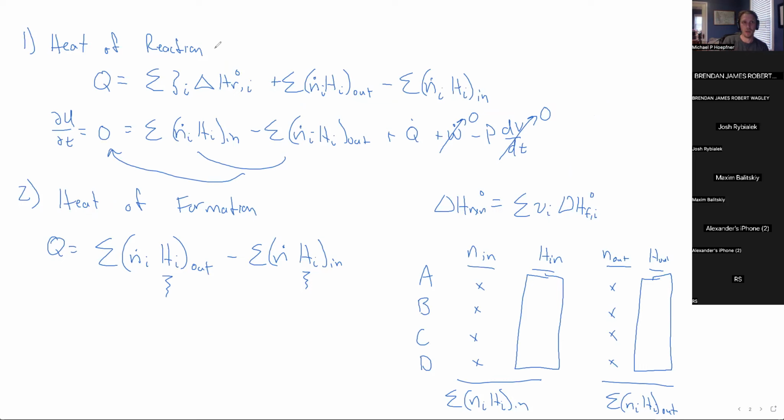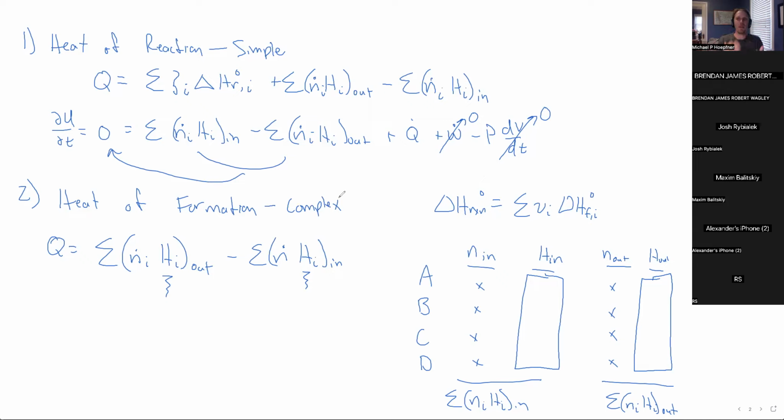So my general guidance is going to be do this for simple systems. Let's say you have a reaction that goes 100% to completion in stoichiometric ratios, only one chemical reaction occurring. That's when you want to use the heat of reaction method because you'll be a little bit more efficient. Heat of formation method, this is going to be for complex systems. So let's say you have multiple chemical reactions that are all going to some partial reaction completion.